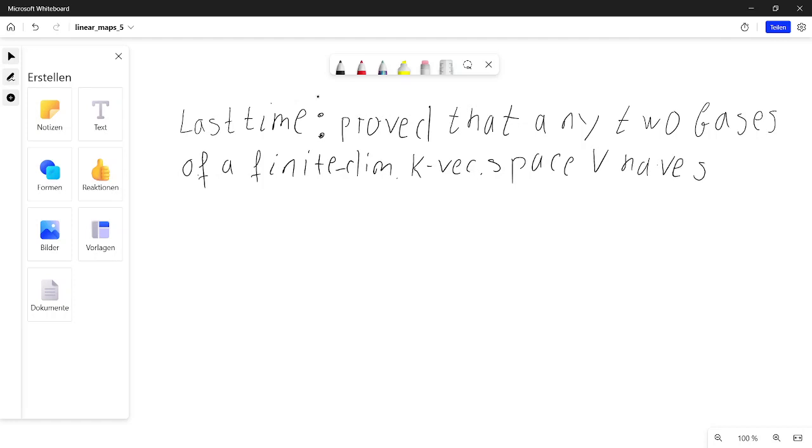In particular, this number is finite, so there are no infinite bases. Vectors are elements of vector spaces, right? They have the same number of vectors.